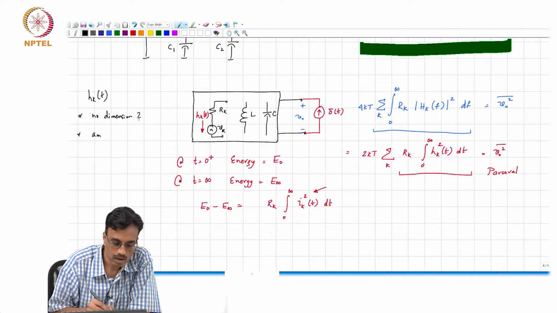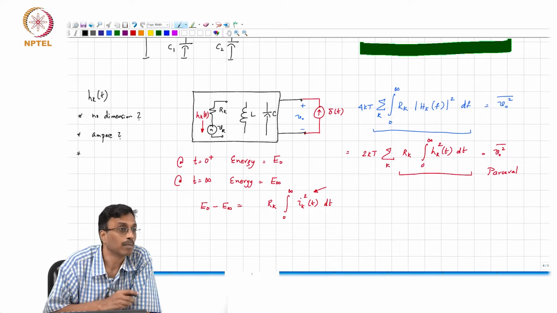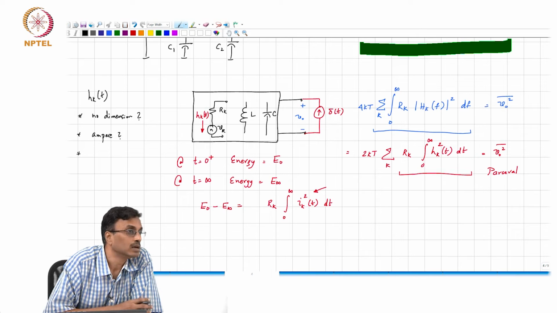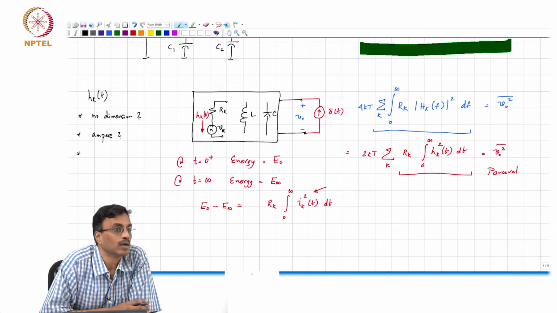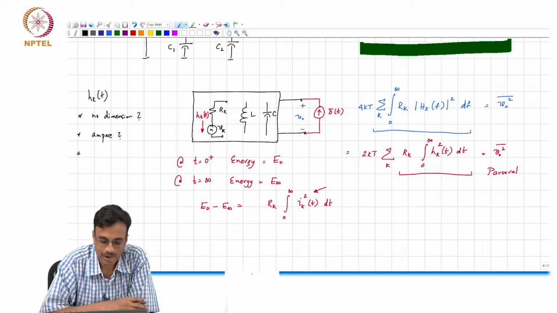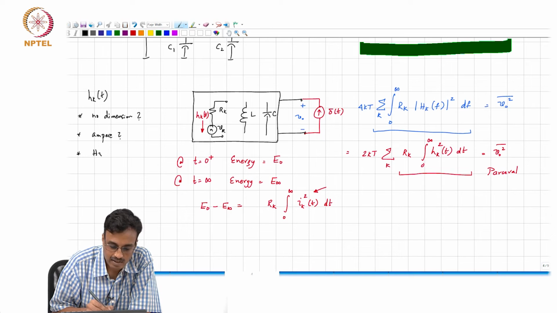Okay, ampere. Pardon? 1 over? Yes, Alfred. 1 over second, that's hertz.